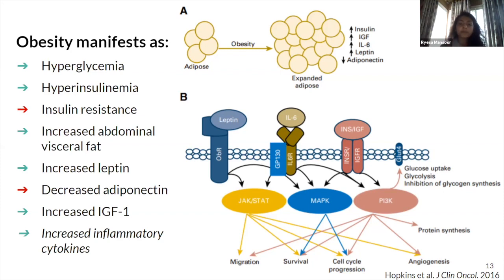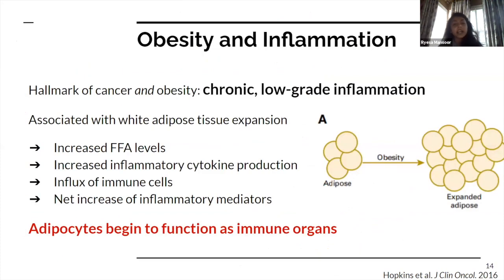Now that we've covered that aspect of metabolic reprogramming, I want to draw attention to the very last bullet, where in obesity we also see manifestation as symptoms of increased inflammatory cytokines. That nicely goes into the next hallmark that I wanted to discuss, which is that in both cancer and obesity, you're going to see chronic low-grade inflammation.